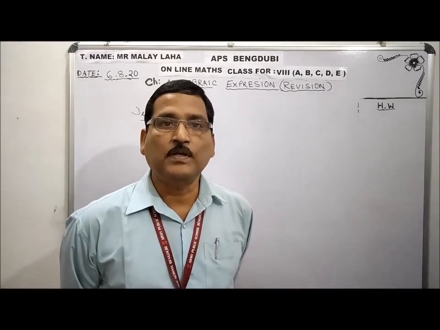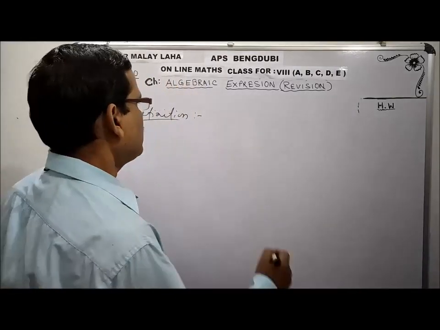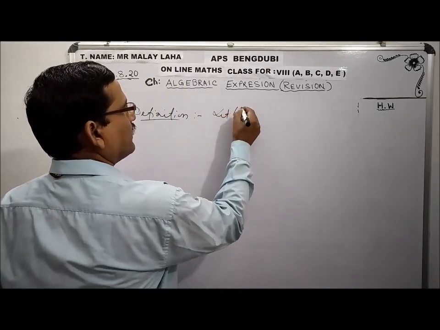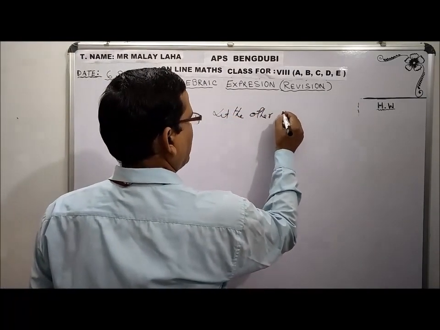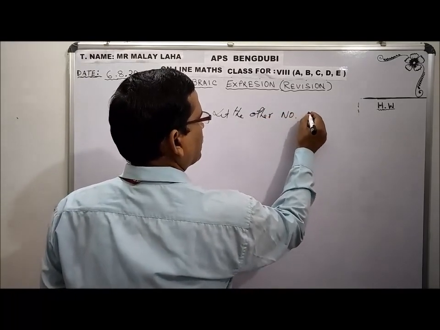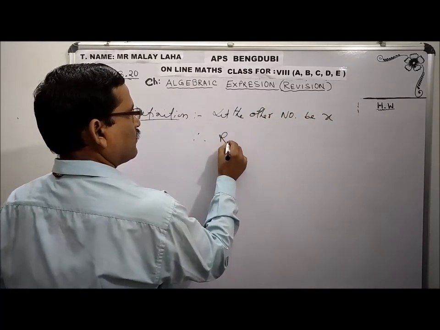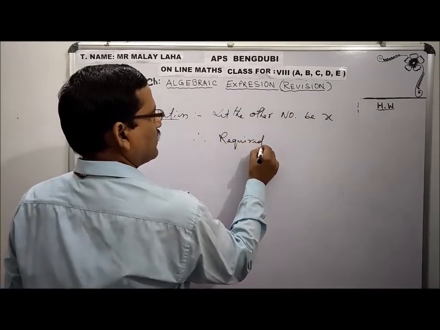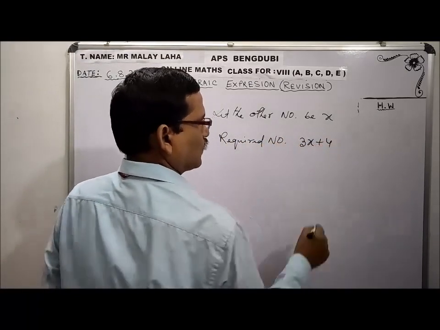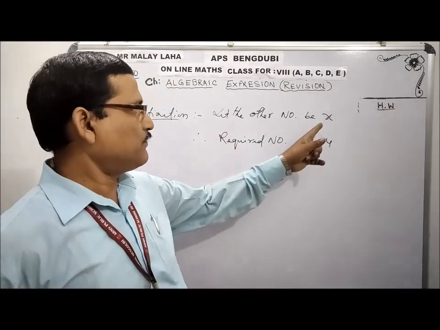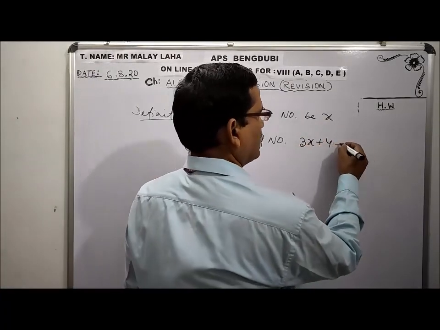Therefore the required number will be 3 times the other number plus 4 more, that is 3x plus 4. This is an algebraic expression.